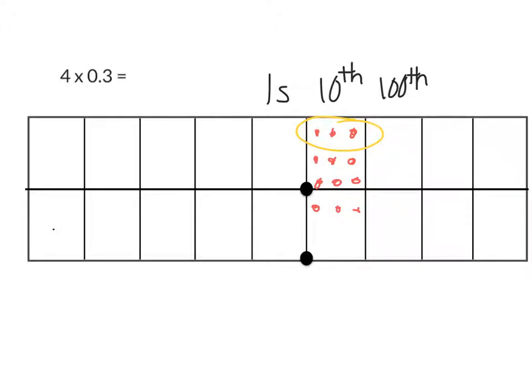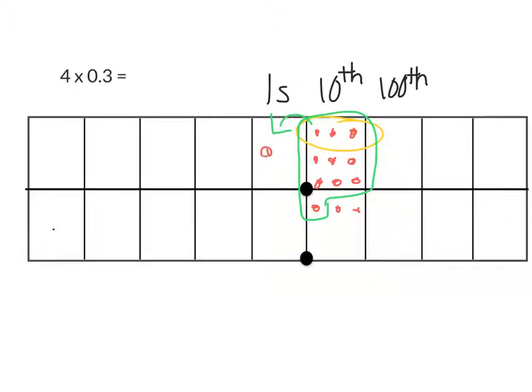Now I'm going to see what my total number of tenths is here. If I count them, I can see that I have 3, 6, 9, 12 tenths. Now, I recall that if I have 10 tenths, I can bundle them and make them a 1. So I am going to bundle 10 of my tenths, and I'm going to indicate that I'm moving them over here.